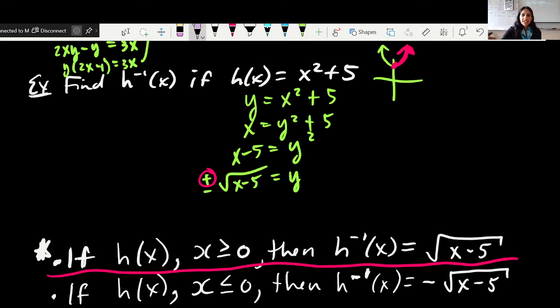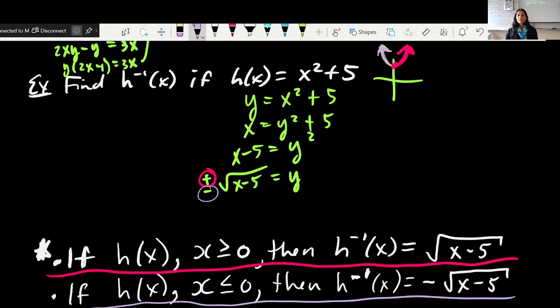And if instead I dealt with this negative side here, then that would be this, and that would be this part down here. So what do we do when it's not a one-to-one function? We place a restriction on it to make it a one-to-one function.